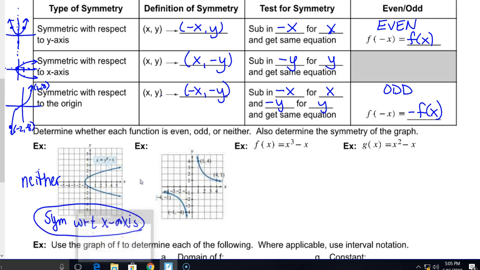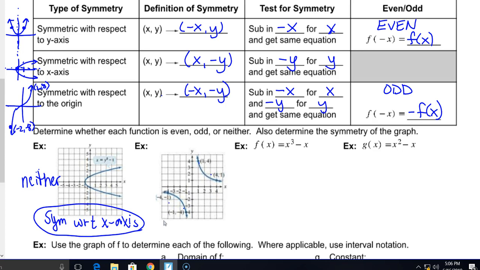Now, if I look at this guy here, looking at my points, I have the point (1, 4). Is it symmetric with respect to the y-axis? No, because I don't have a point over here. Is it symmetric with respect to the x-axis? No, because I don't have a point down here. But if you notice, this has its opposites down here, and this guy has its opposites right here.